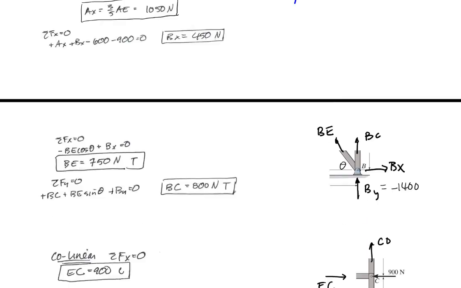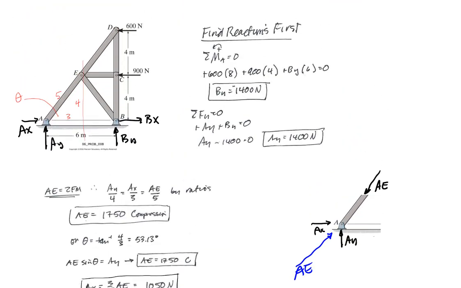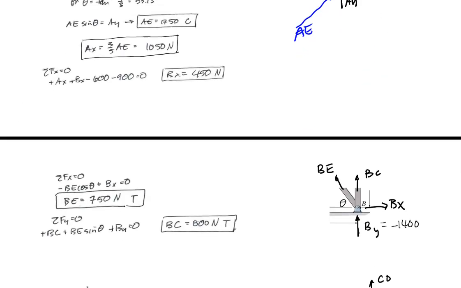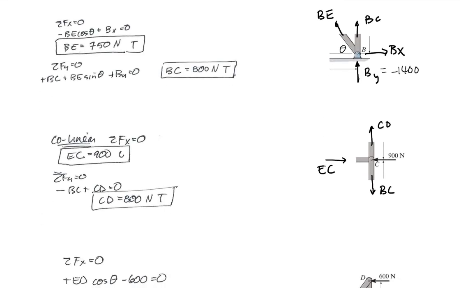All right, let's move to joint C. Let's go back and just look at our main picture to start with. Here I have the 900 Newton force, and it's got these three forces coming in. So let's go ahead and look at that free body diagram. This is an example of collinear pairs. If I have a 900 here, again, sum of the forces in the x, I can see that EC is equal to also 900 pushing in toward the joint. That is 900 in compression.